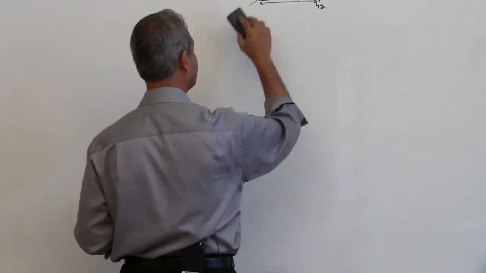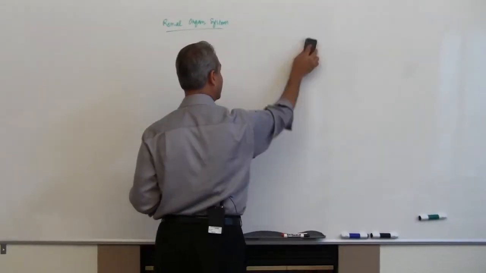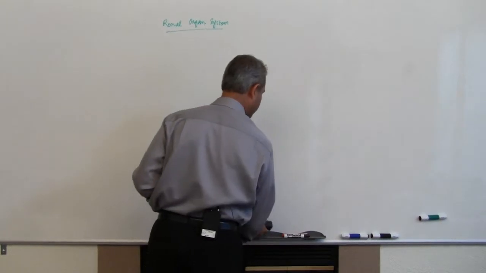And again, this diagram is over here. We have to understand what we mean by tonicity and what is the effect of that. So let's do this.